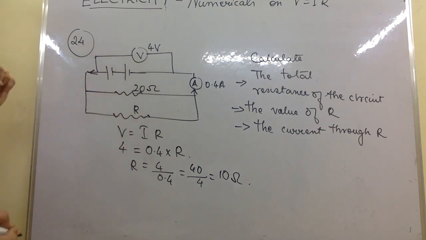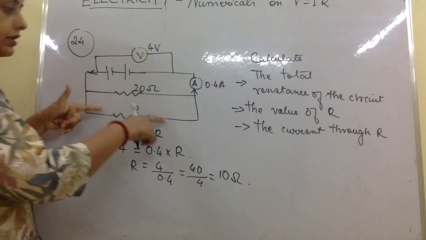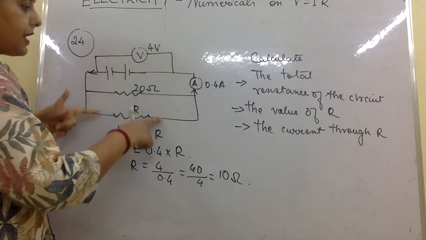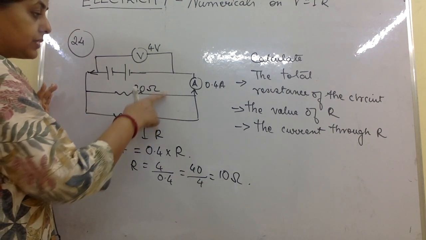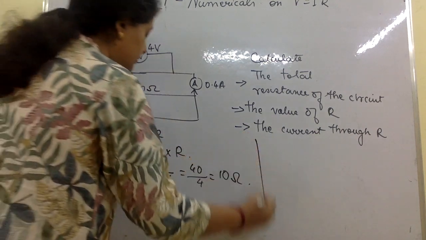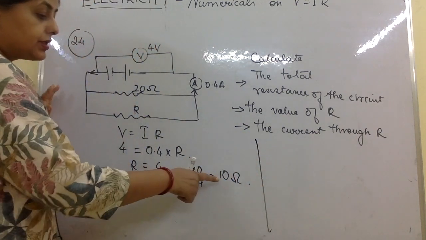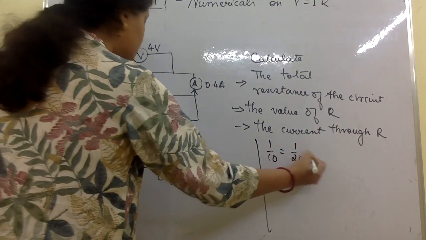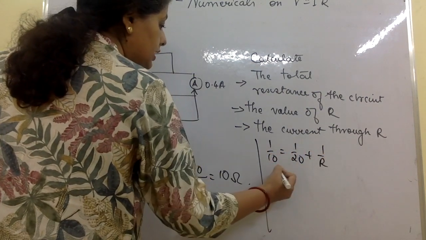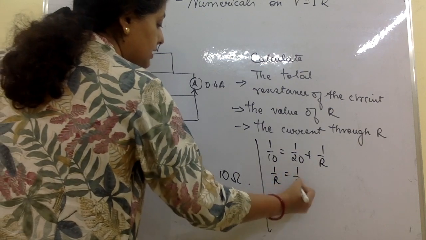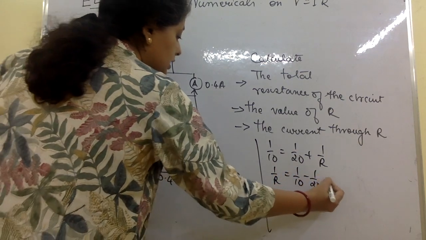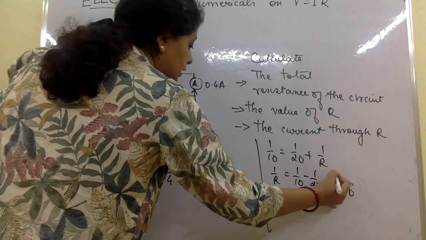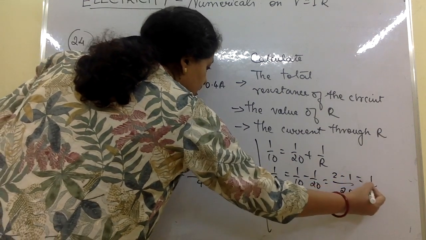Now we have to find the value of R. For this parallel connection we can get the equivalent resistance, and how much is it? It is 10. So I write 1 by 10 is equal to 1 by 20 plus 1 by R. So 1 by R is 1 by 10 minus 1 by 20, which is 2 minus 1 over 20, which is 1 by 20.